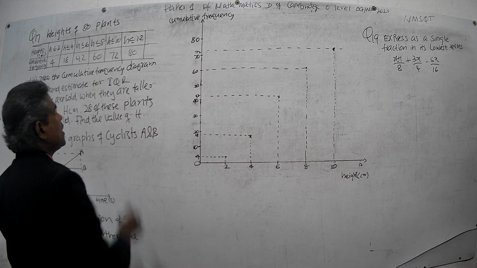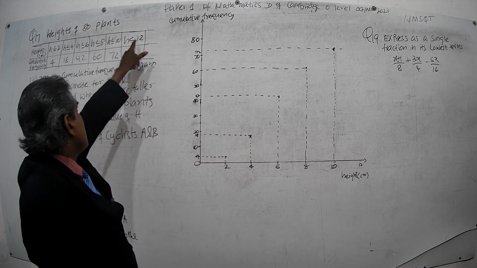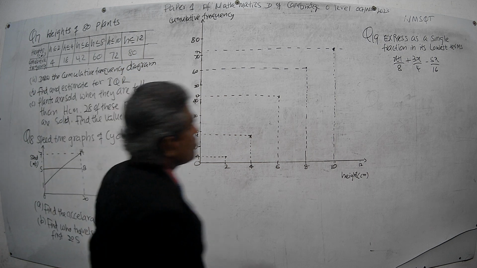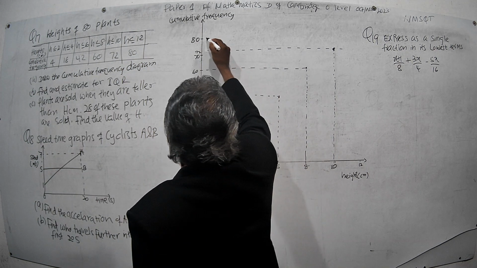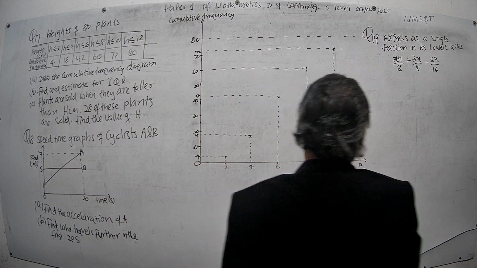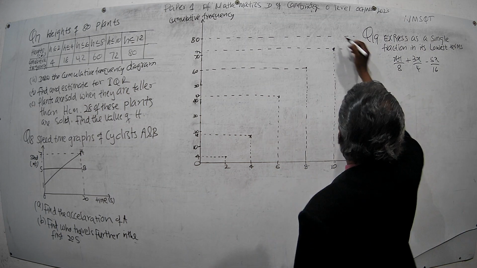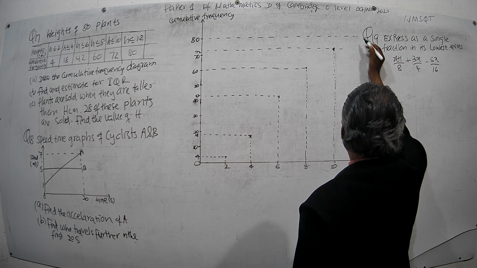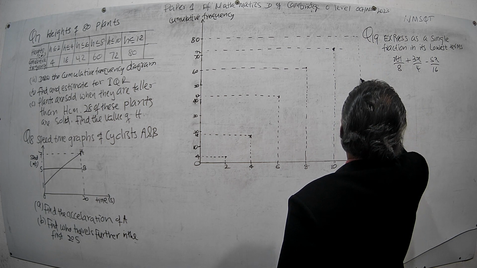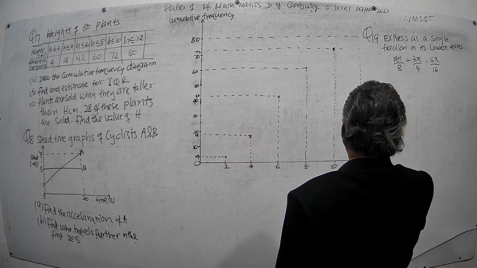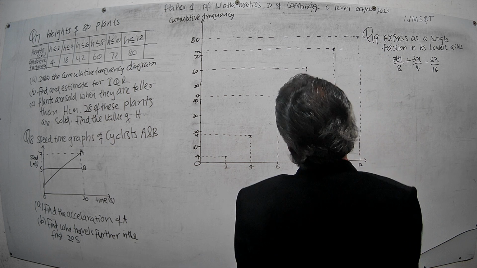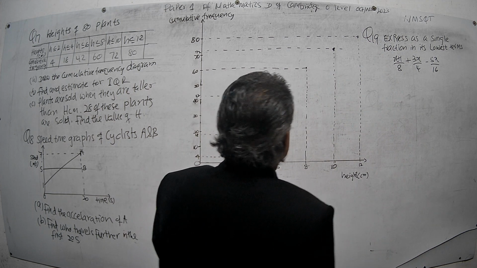Then the height is 12 or less than 12, the cumulative frequency is 80. Then 80 is this. Okay, now we can draw.